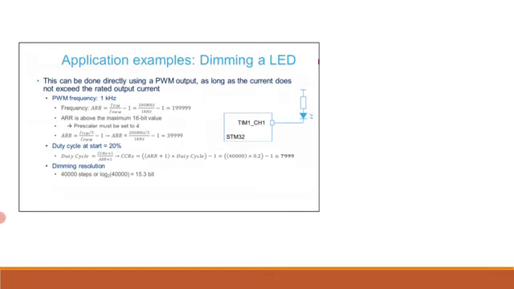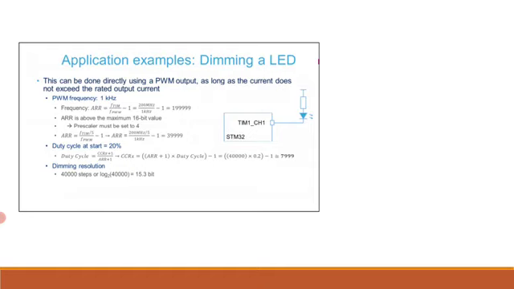The timer prescaler must be set to 4 to have the timer operating at 40 MHz, and this results in a valid value of 39999 for the ARR register. The second step consists of computing the compare register value to have 20% duty cycle.